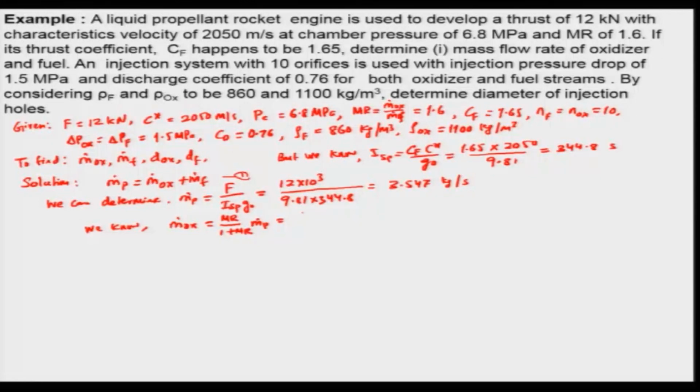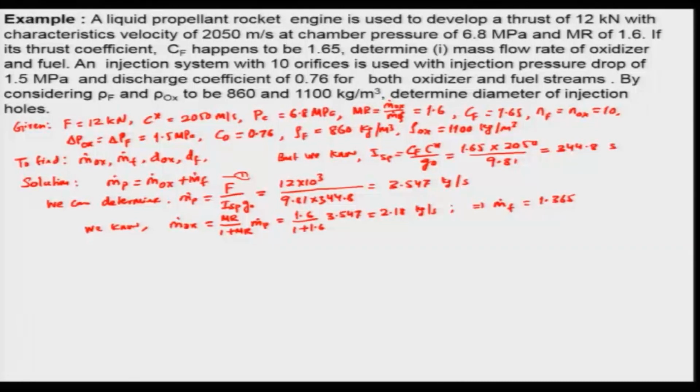MR is basically 1.6, divided by 1 plus 1.6, into 3.547, and that is equal to 2.18 kg per second. Then I can very easily find that m dot fuel will be basically 1.365, because I know m dot p and I know m dot oxidizer. Therefore, by using equation 1 I can get it very easily.